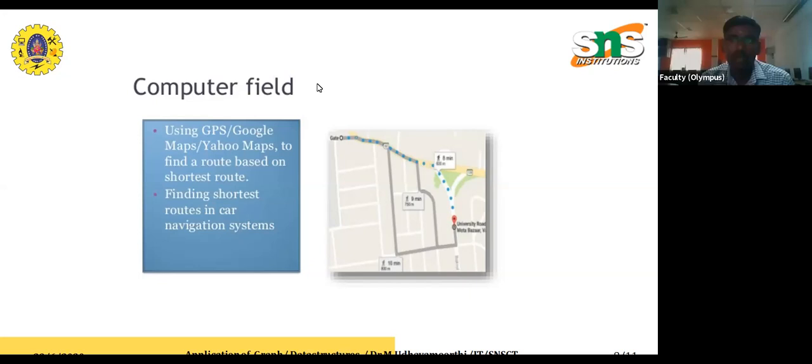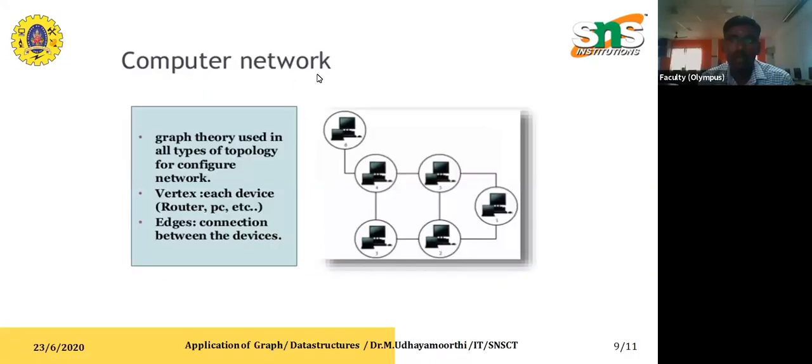Then graph theory mainly prevails the way of connecting the data through the network, the computer network. The computer network is nothing but a connection of interlinked computers together, which prevails the way for data transferring from one place to another place.